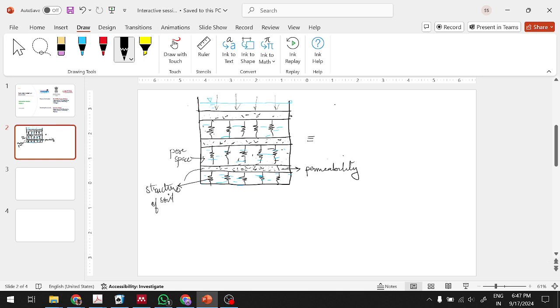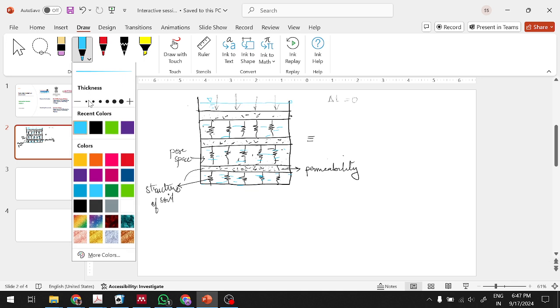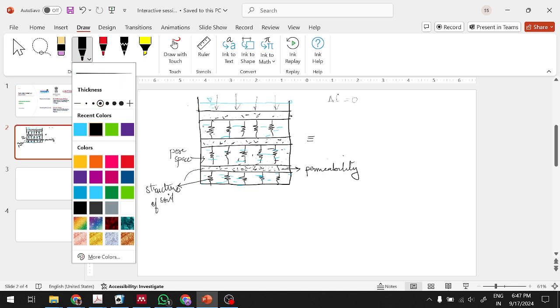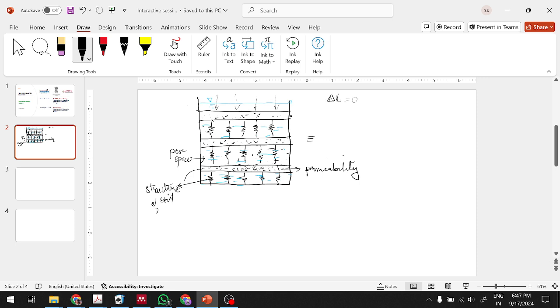But at time t equals 0, at the beginning of the loading, the deformation in the springs is 0.